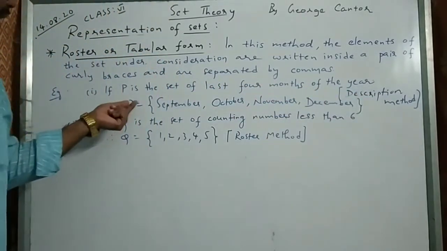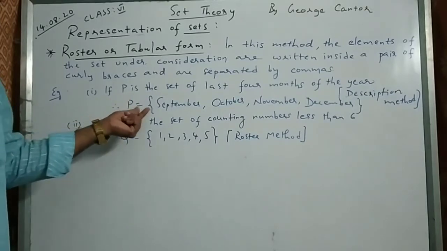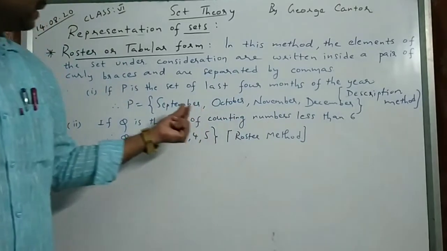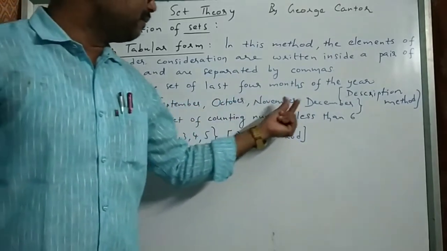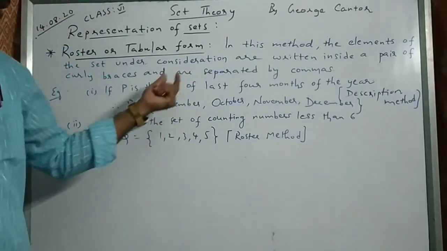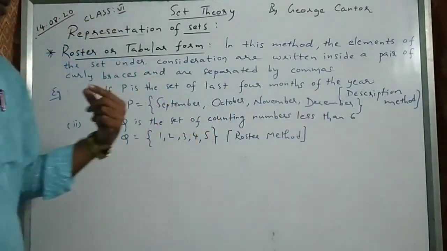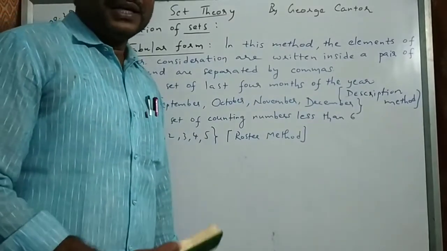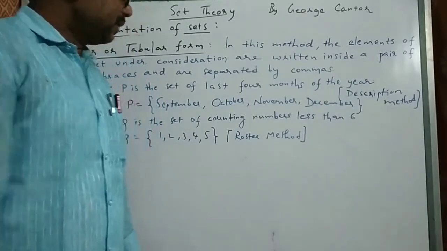We can write it in the roster form. So P equal to set of, separate the months by commas: September, October, November, December. What are the last 4 months of the year? September, October, November, December. So in the roster form, we separate the elements by commas.